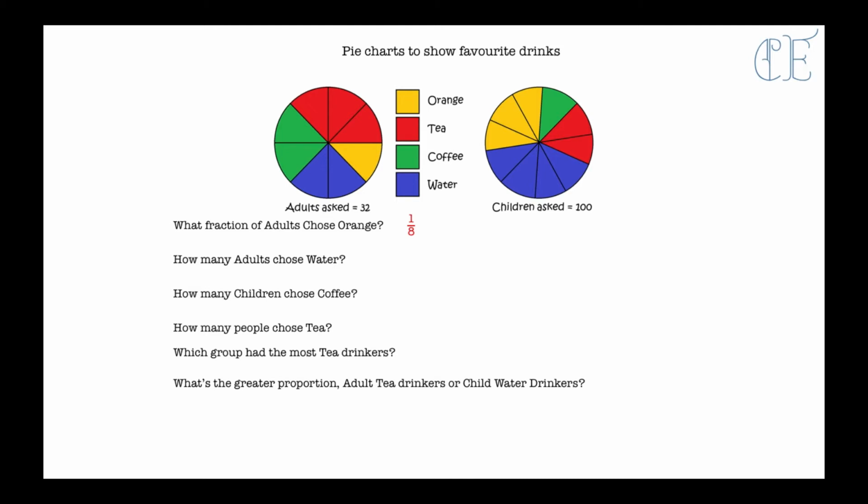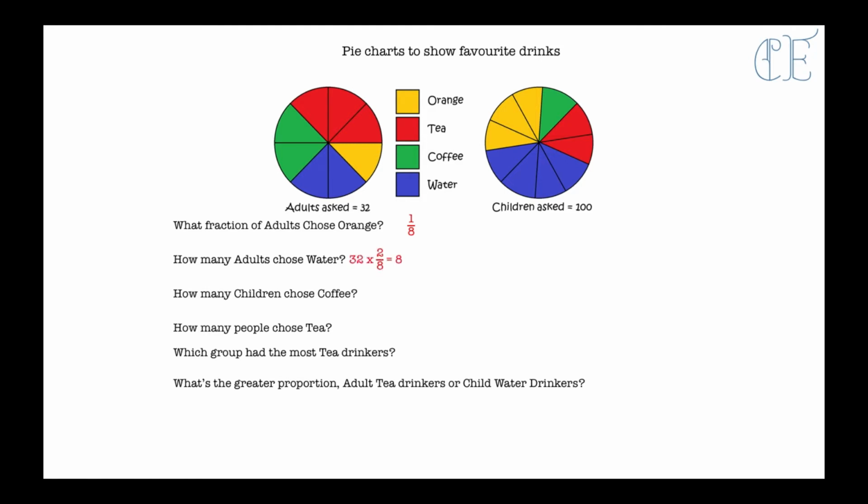Now the second question says how many adults chose water. Well, if we look at the blue section on the adult pie chart, we have 2 segments here. So that's 2 out of 8. So you need to find 2/8 of 32 adults because altogether there are 32 adults. Now to find 2/8 of 32, you can do 2 divided by 8, press equals, and then times by 32.